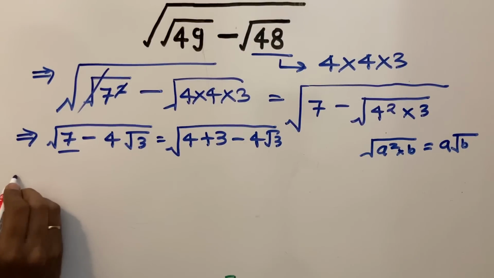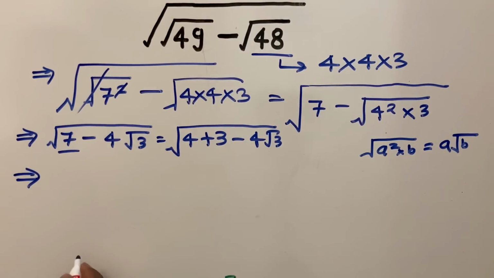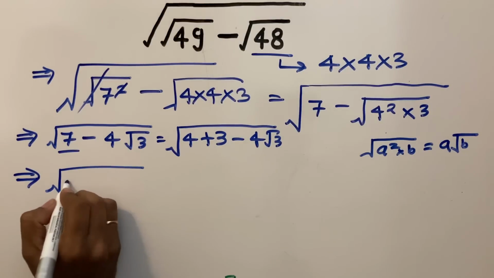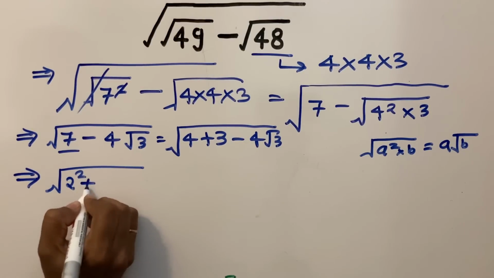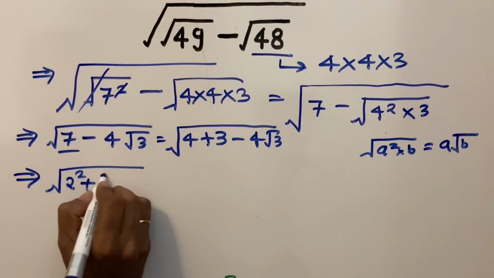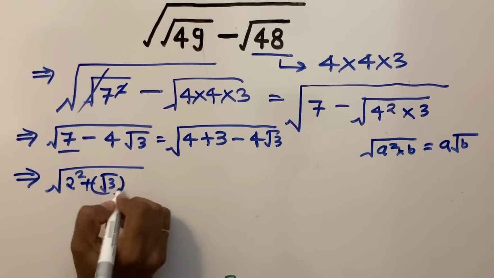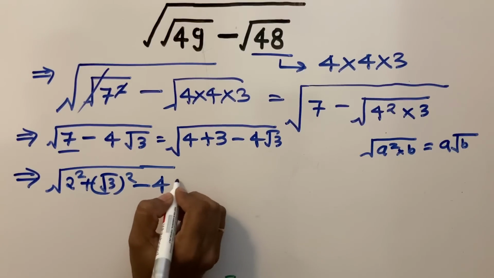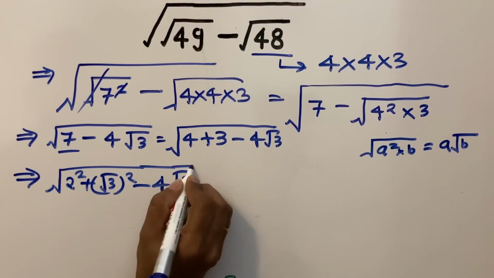After further simplification, this 4 is also equal to 2 to the power 2. This equation becomes square root 2 to the power 2 plus 3, which can also be written as square root 3 to the power 2, minus 4 square root 3.